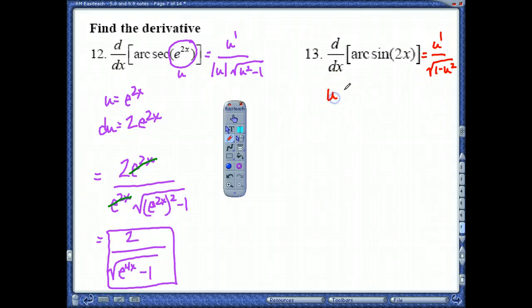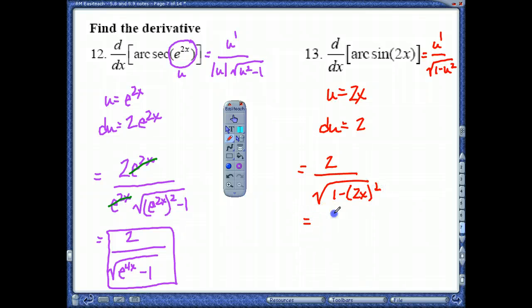So my u this time is going to be 2x. My du is just 2. So when I make my little formula out, I'm going to have du, or u prime, divided by the square root of 1 minus u squared, which is 2 over square root of 1 minus 4x squared.